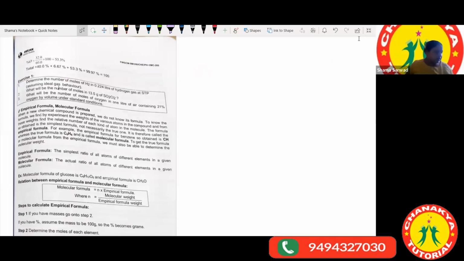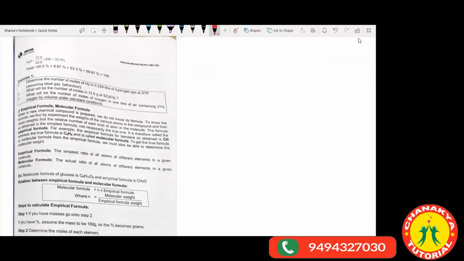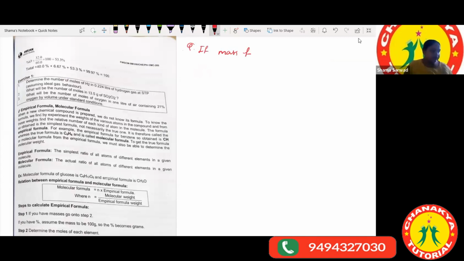Okay. So I hope I have given you this question. The question is, if the mass of one atom is 3.32 into 10 raised to minus 23 gram, then calculate the number of nucleons present in two atoms of the element.